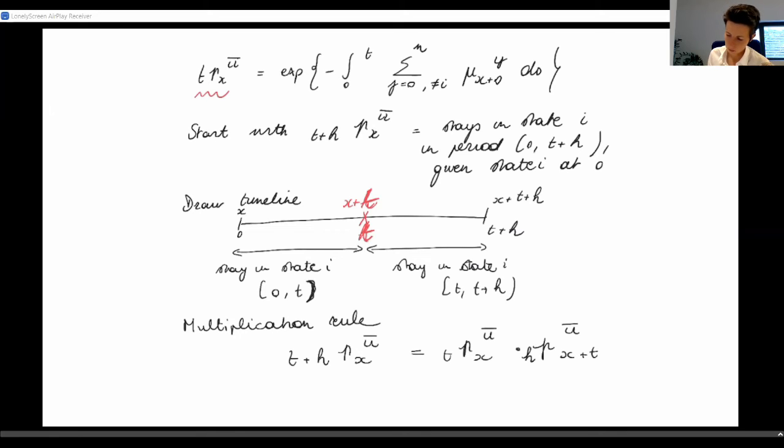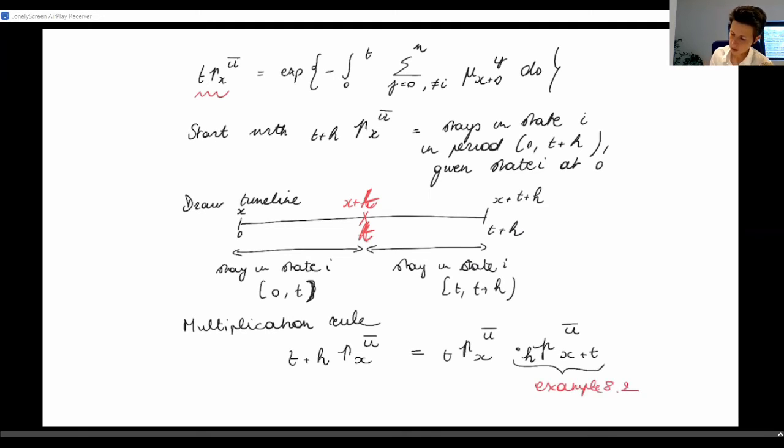But now what are we going to do? We're going to look at this expression here. What's the probability to stay over an interval of length h in state I, given that you are x plus t years old? We're going to use the result of example 8.2.